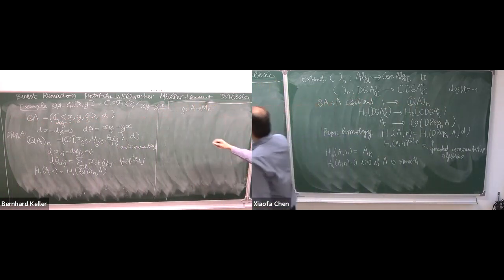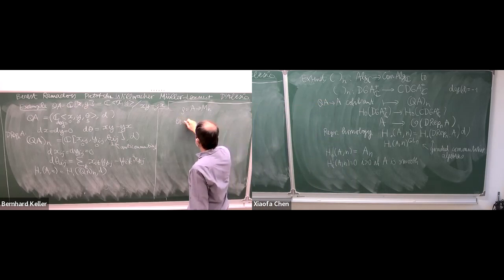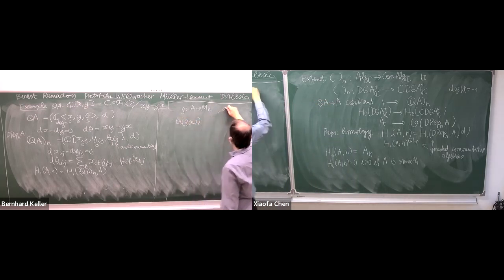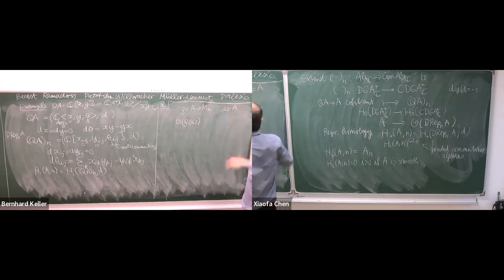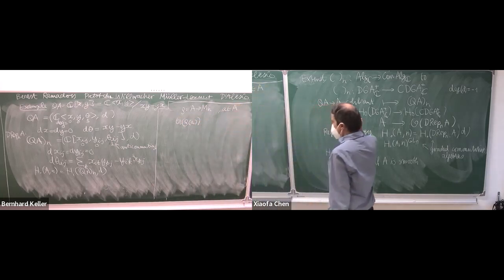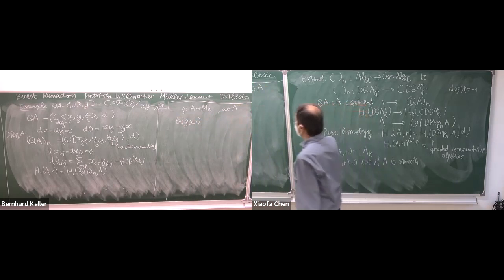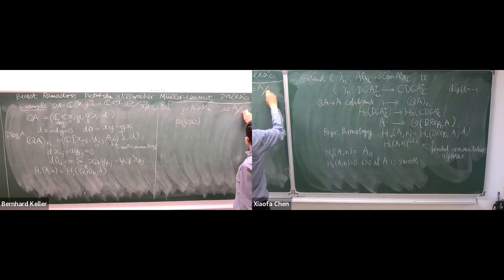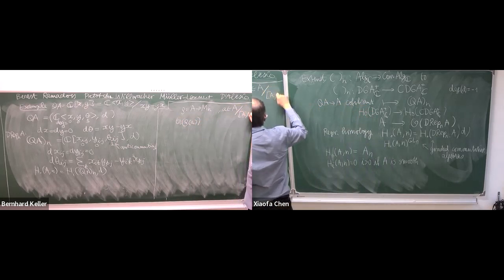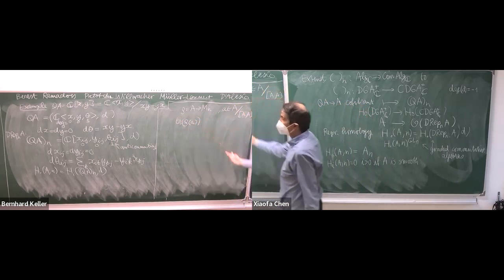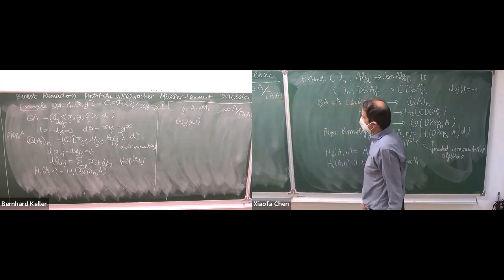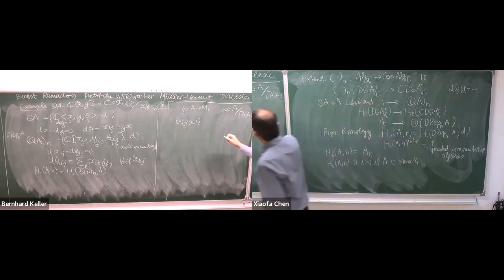You can take the trace, and you have A again. Take the trace, and this will be a map really on A modulo the linear combinations of commutators, with the cyclicity of the trace, and it is also GLN invariant.